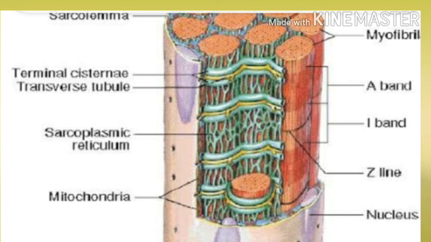Sarcolemma. As we have seen, plasma membrane surrounds the cell. In this case, you will learn that plasma membrane fuses with the basement membrane to form what? Sarcolemma. And cytoplasm is called sarcoplasm, and it contains what?